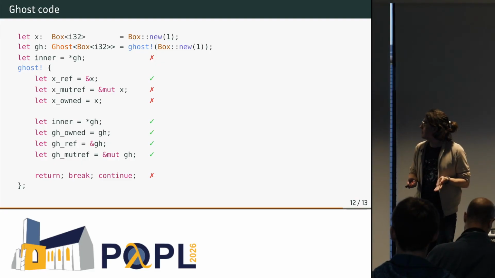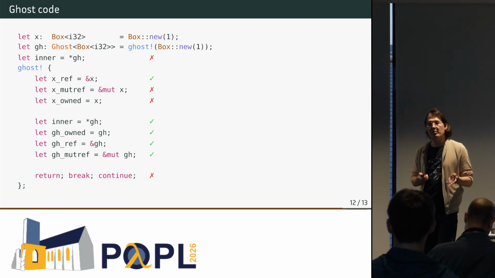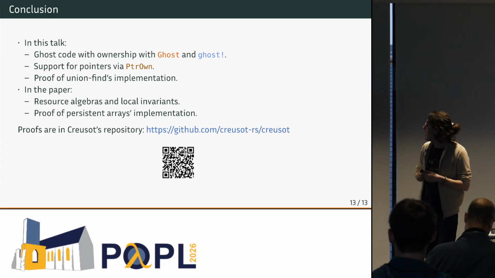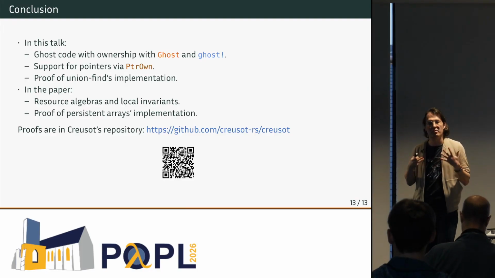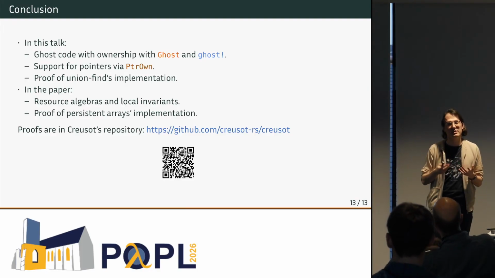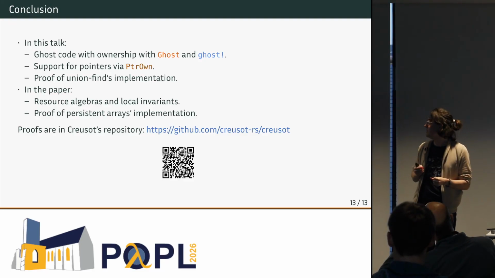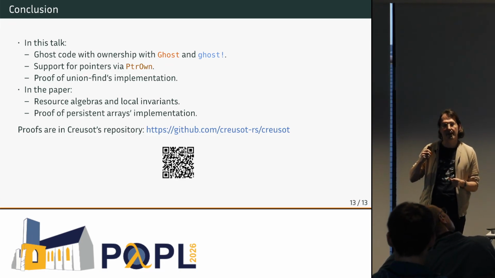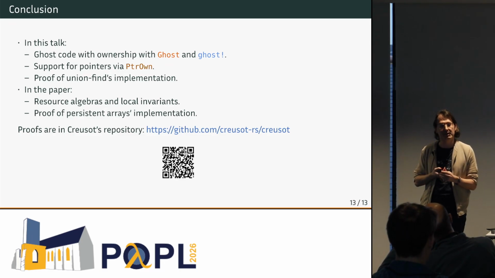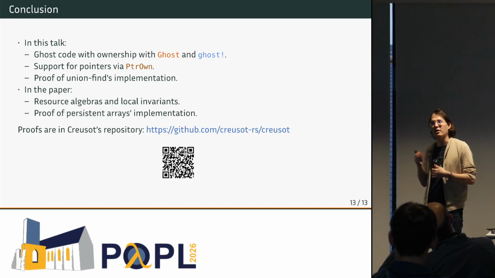So that's all the mechanisms we need to complete the proof. I presented to you how we implemented ghost code with ownership in Creusot with this ghost type and the ghost macro, how we handled pointers with this PtrOwn object, and we showed how to do the proof of union find.